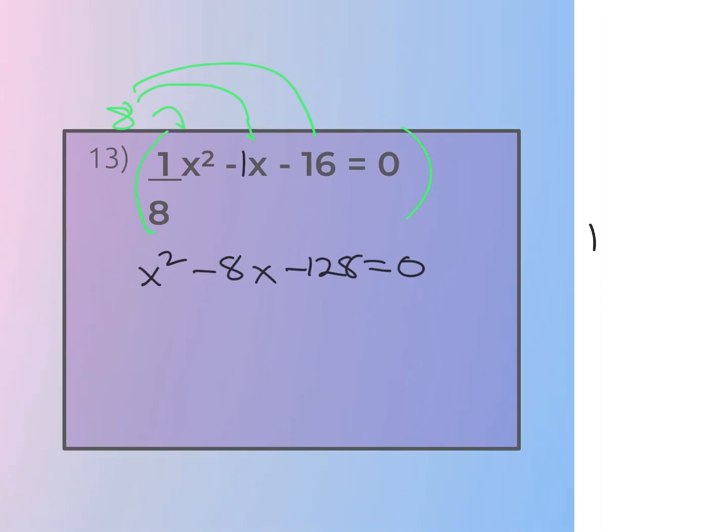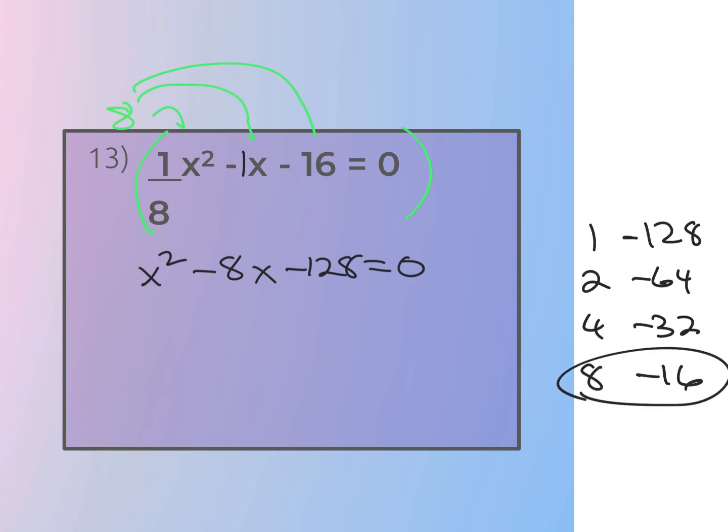So I have 1 and 128, and the signs need to be different. So my bigger factor is going to be negative because that's the sign in the middle. I can divide it by 2, and that's 64. 128 divided by 3 doesn't work. 128 divided by 4 is 32. 5 doesn't work. 128 divided by 6, it's not going to work because it's not divisible by 3. 7 doesn't work. 8 works.